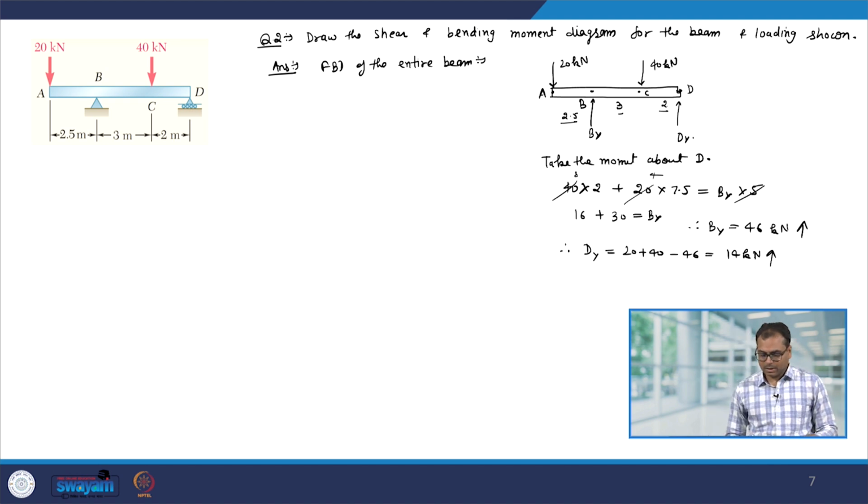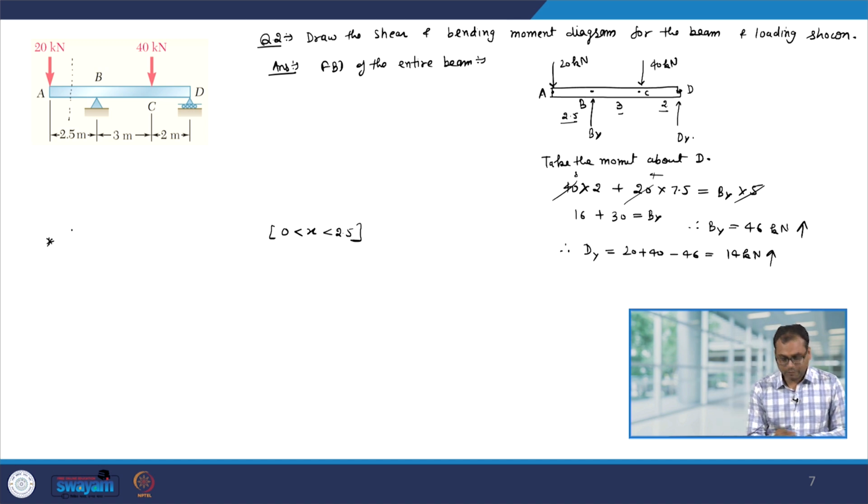To find out the shear forces and bending moment, let us first cut the beam between A and B. Okay. So, we are interested first in the region wherein x is between 0 and 2.5, and let us look at the free body diagram of the left hand side of this beam. So, we have point A here, and at A I have an external force of 20 kilonewton.